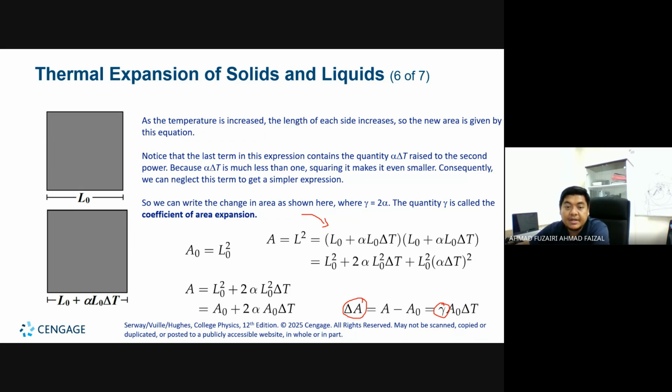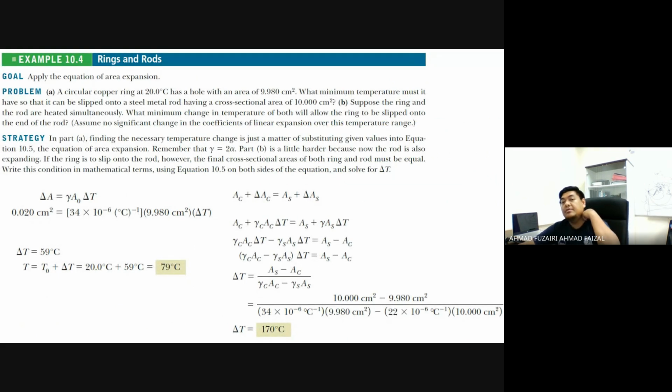How can we use that? Now we need to look into the situation. A circular copper ring at 20 degrees Celsius has a hole with an area of this value.